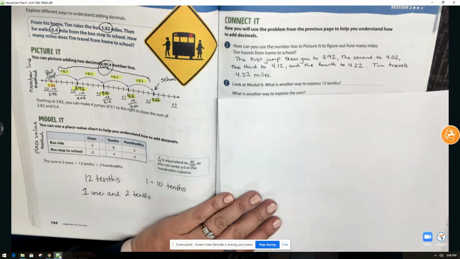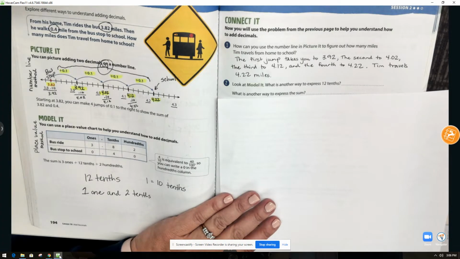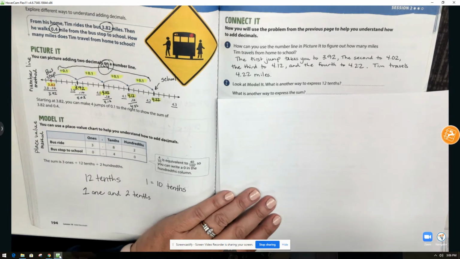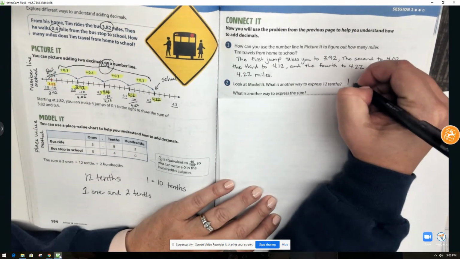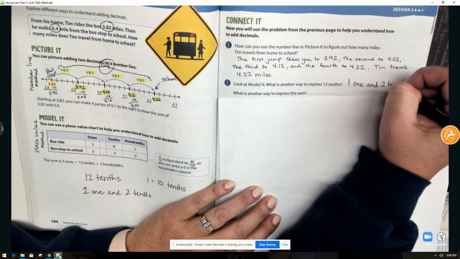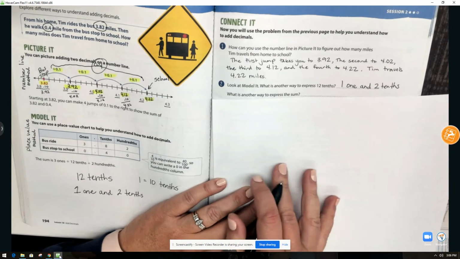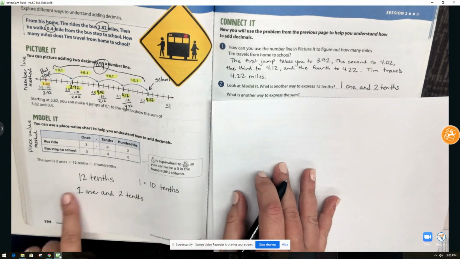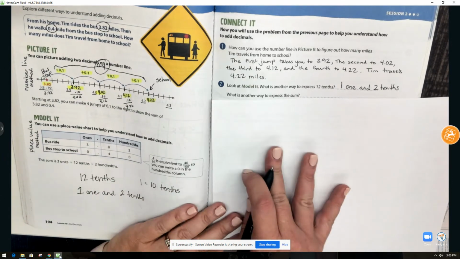So we can rewrite that as one whole. Sorry, I'm just turning my pages over here. So we can rewrite that as 1 and 2/10, which we wrote over here as well.